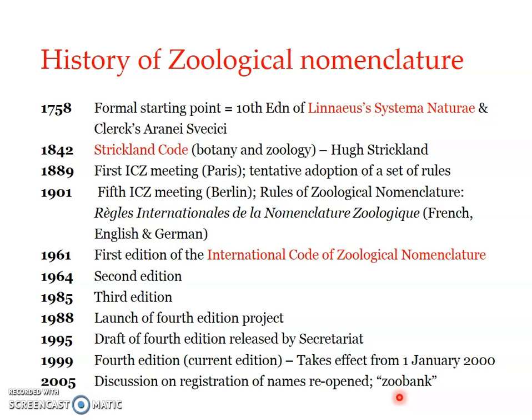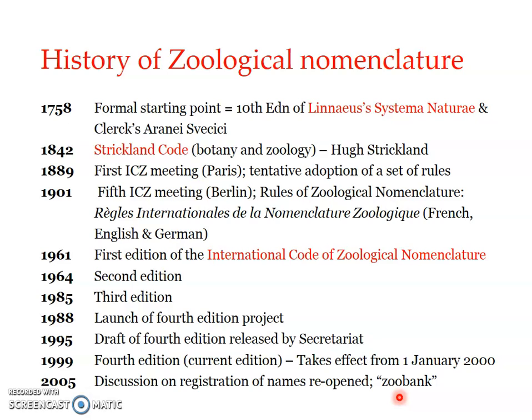Okay, ZooBank is actually a registry, as we already mentioned, that is it contains a list of contents, and it contains certain listing, registering or documenting of certain concepts, and these concepts include the nomenclatural acts, publications, authors, and the fourth one, type specimens for scientific names of animals. The registration of type specimens is considered provisional, and it is not yet fully implemented in ZooBank.